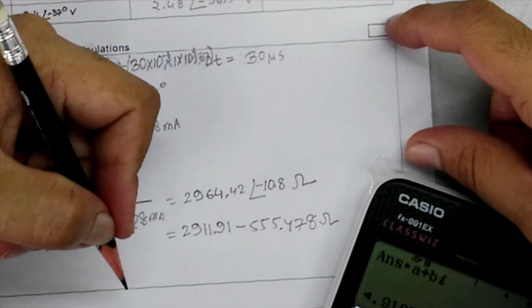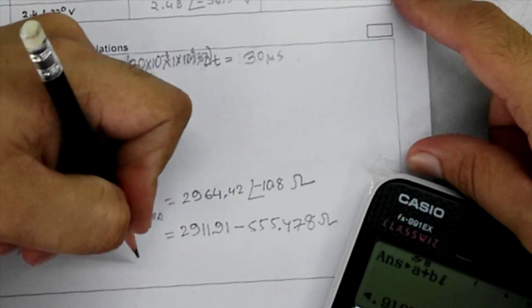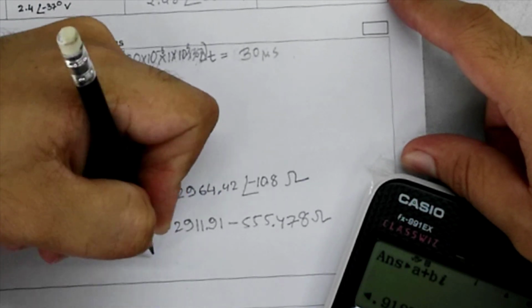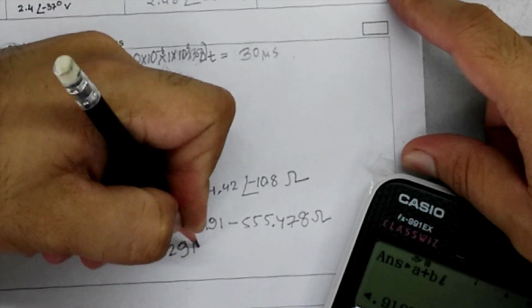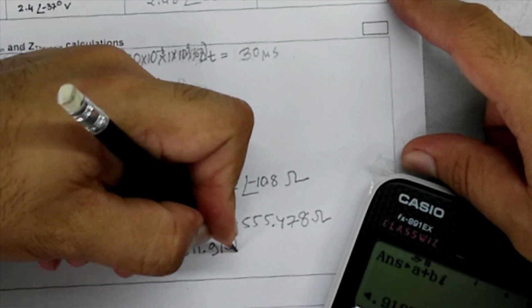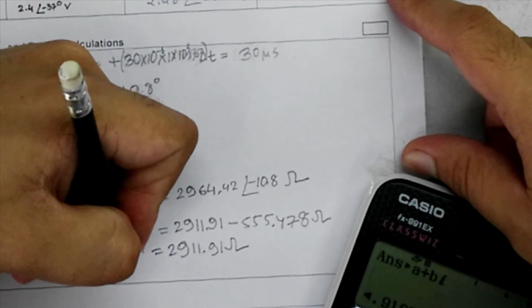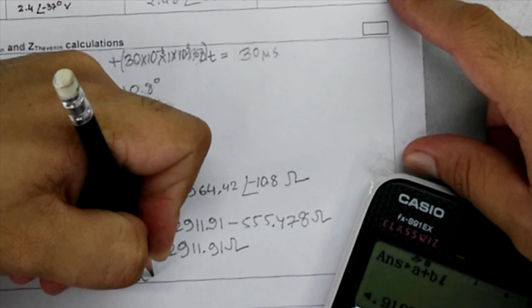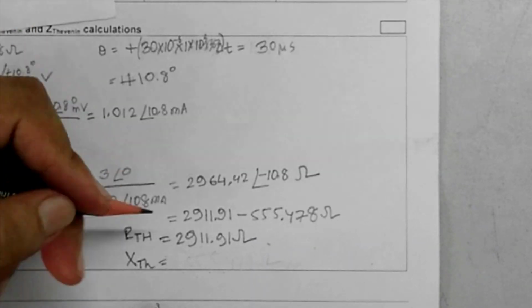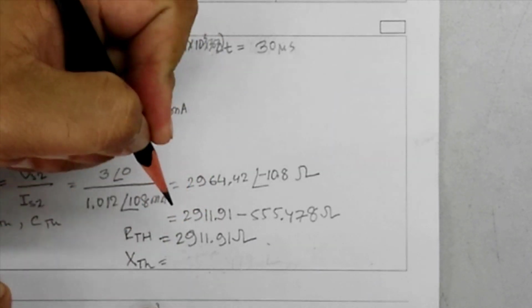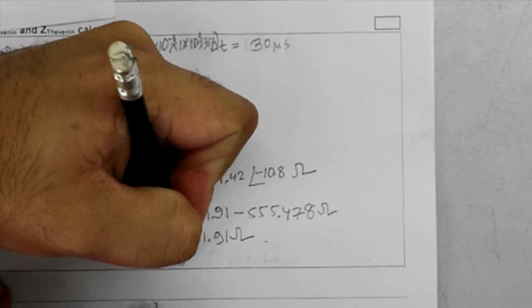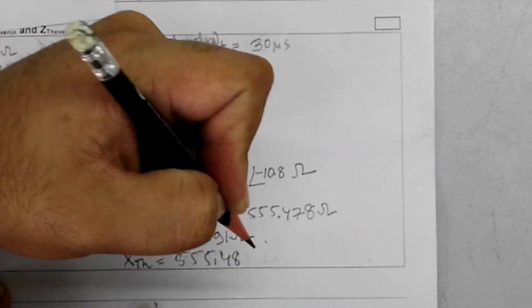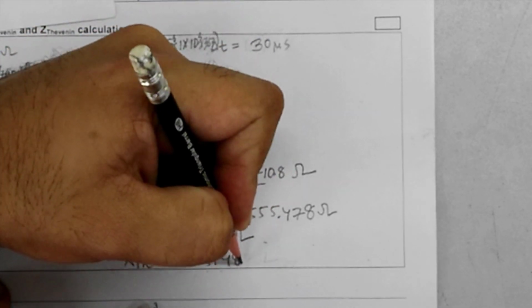So from here we know that RTH is 2911.91 ohms and XTH, our reactance, is 555.48 ohms.